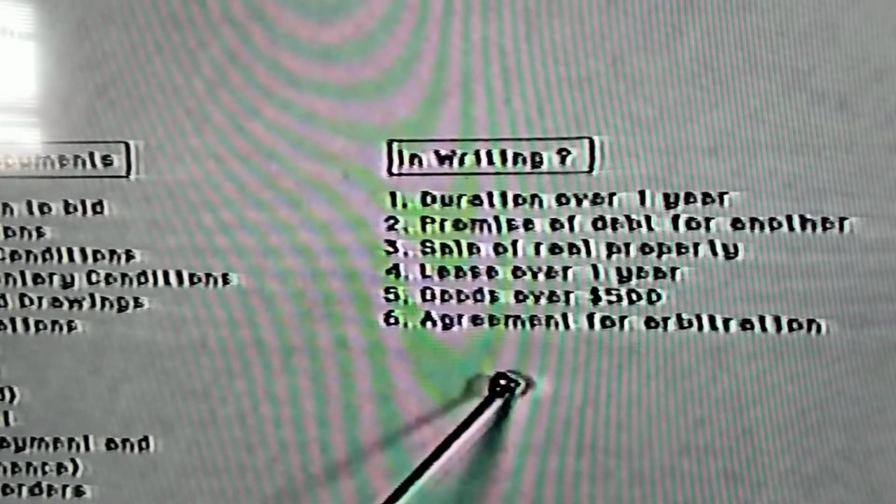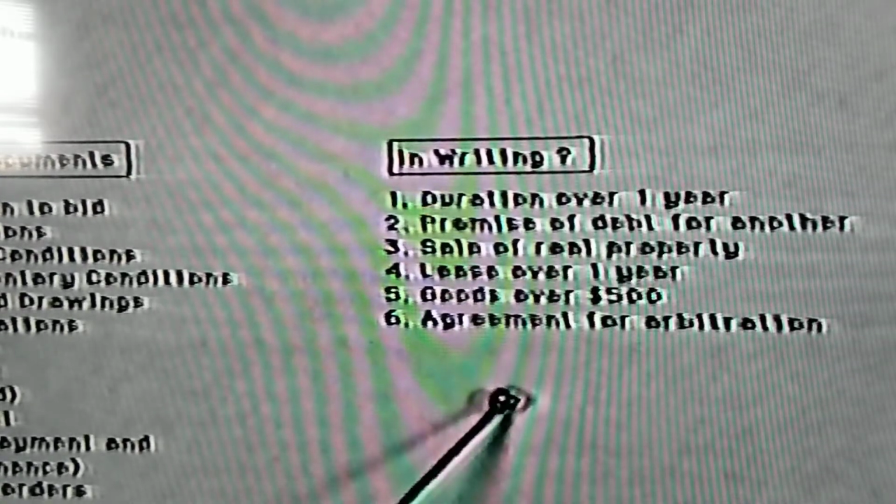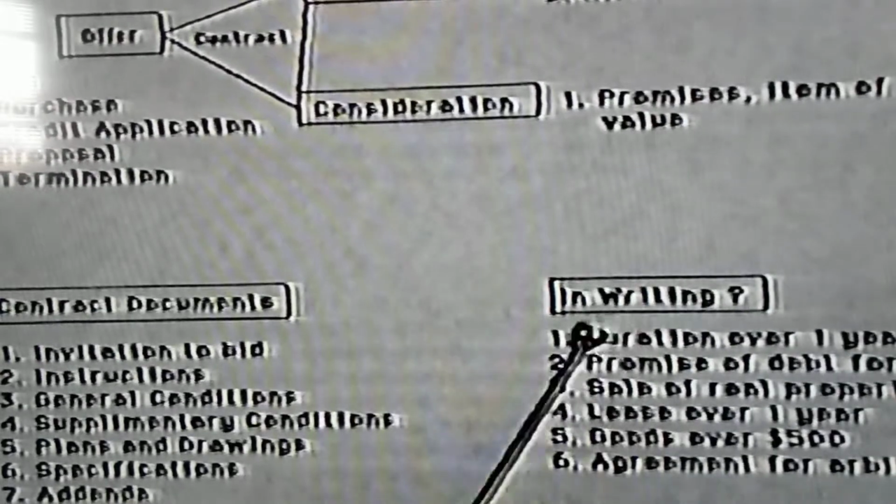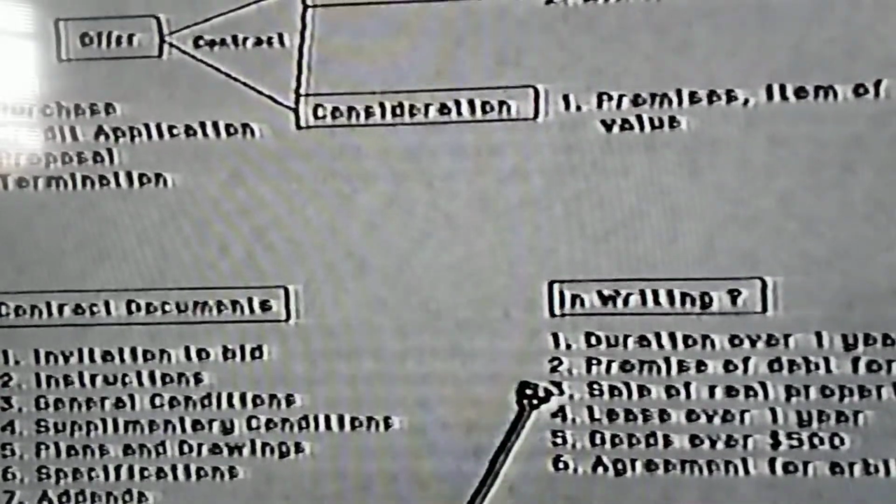So these are the 6 items that are required to be in writing for them to be valid under the Statute of Frauds. But in general, in this topic of contracts, you can see that there are many different relationships, many different offers and acceptances and combinations of these features that could be said to be a contract.